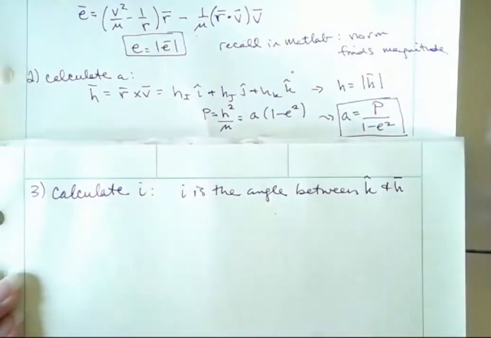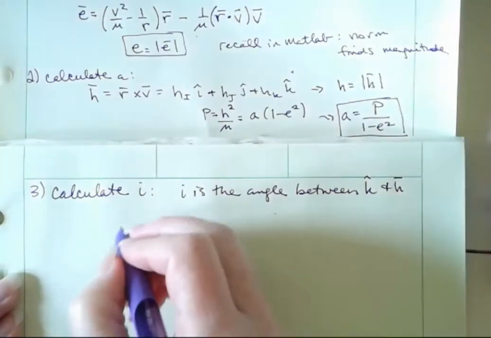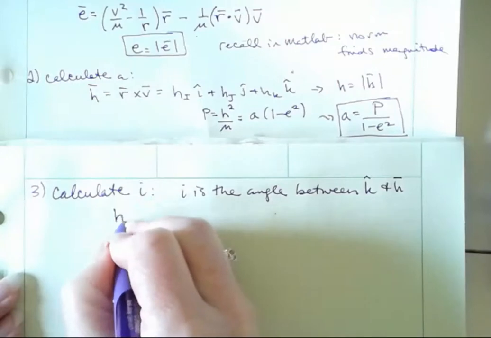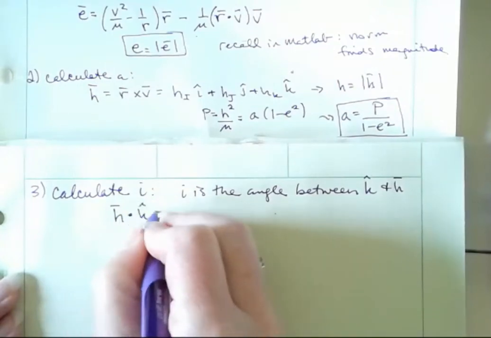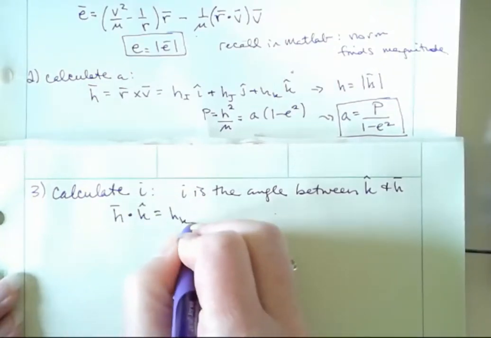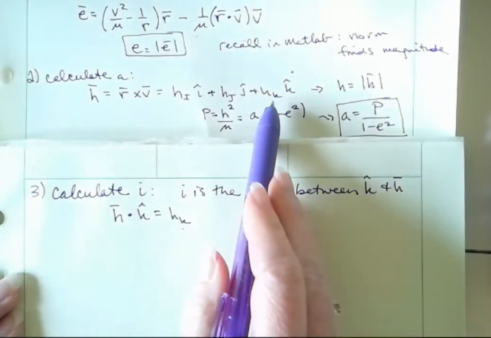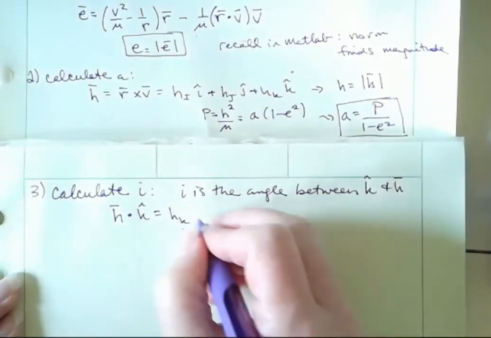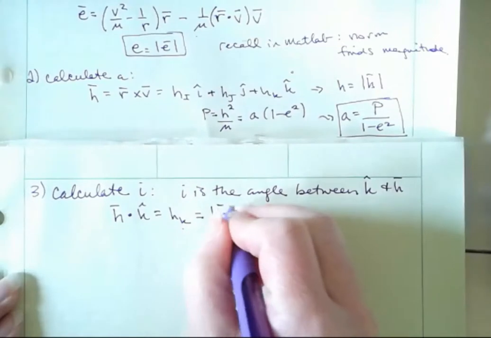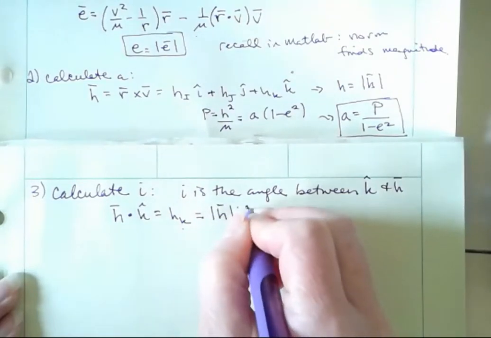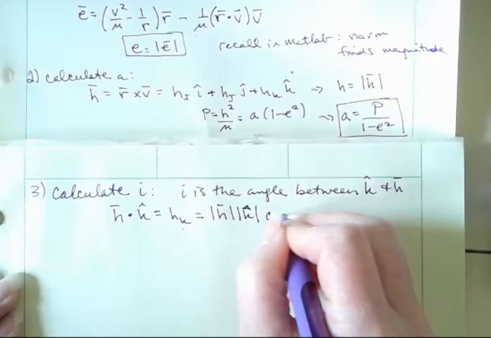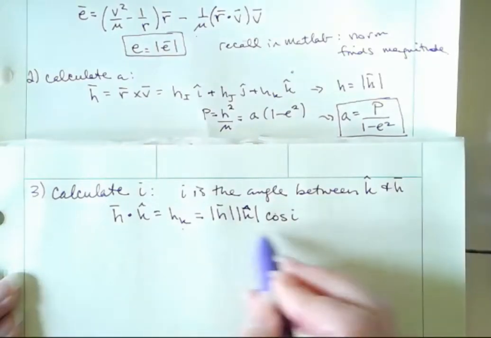First thing we're going to do here is start with the dot product, because remember, dot product can be used to find the angle between 2 vectors, or 2 lines. So we're going to have h dotted with k. Let's call that h sub k. And notice you already found that right here in step 2. So h sub k has to be equal to the magnitude of h times the magnitude of k times cosine i. So this is just your basic dot product equation.